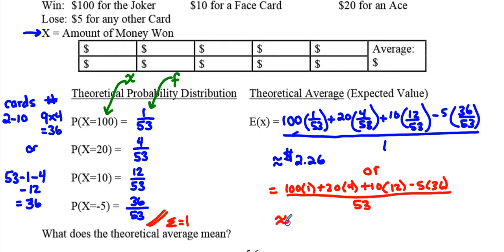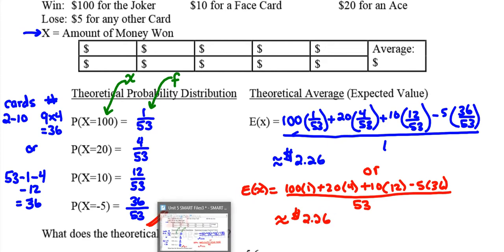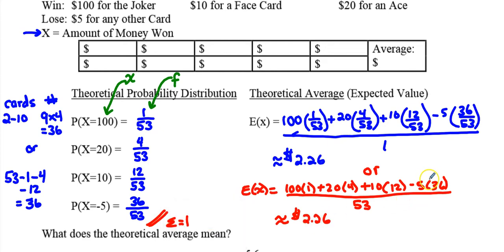And that also gives you approximately $2.26. So you can write it out either way, and you can type it in either way into your calculator, but that involves a little bit less work in your calculator.